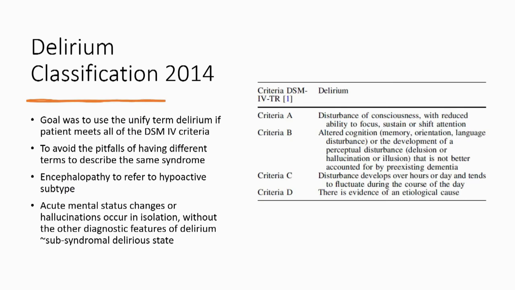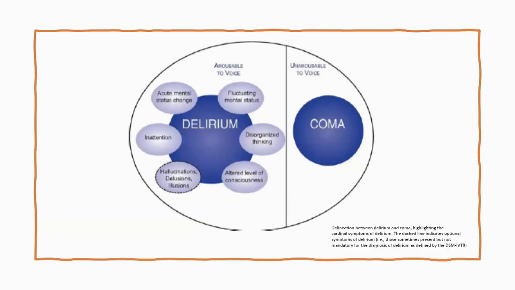So just to summarize that, because this can become very confusing, everything falls under the bucket of delirium, and encephalopathy also falls under the bucket of delirium. What DSM-4 did not account for is patients who have underlying dementia or psychiatric problems, and it also did not account for coma.